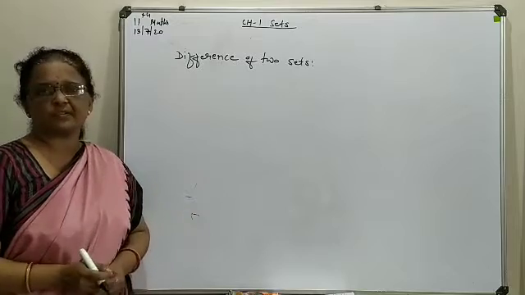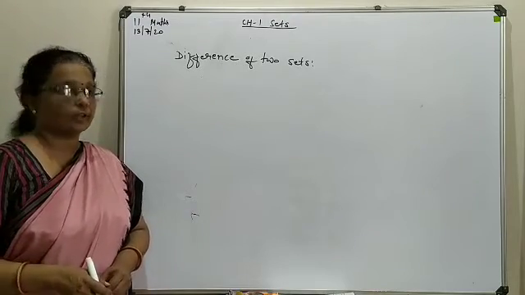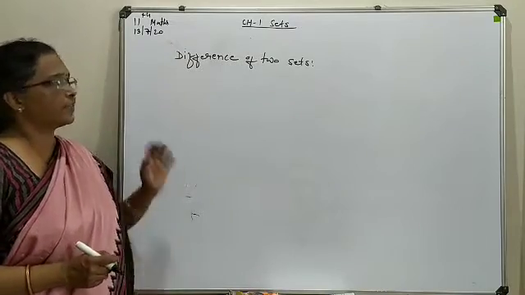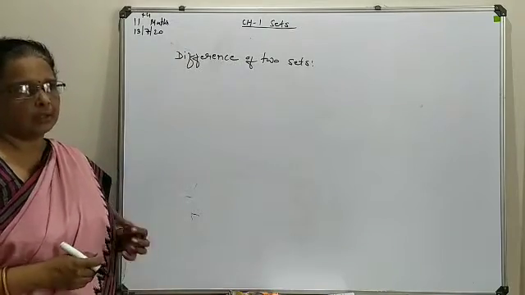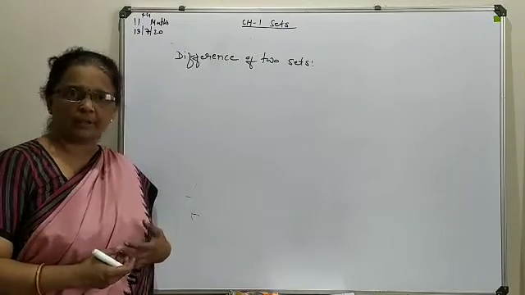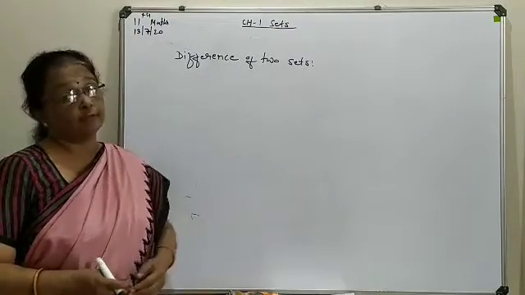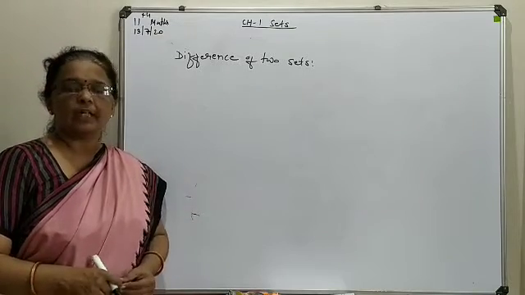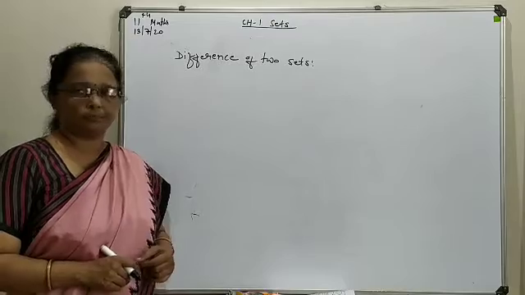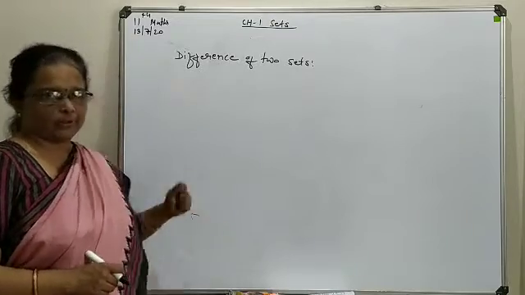Normally students make mistakes in writing the difference of two sets. Normally you treat difference as a subtraction term, but there is some difference between the subtraction of two numbers and the difference of two sets. So with the help of an example, we try to understand the difference of two sets. Try to understand it minutely.